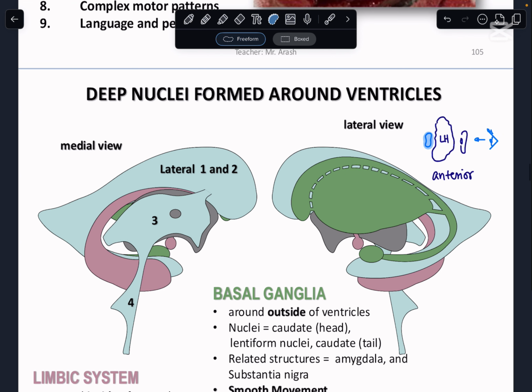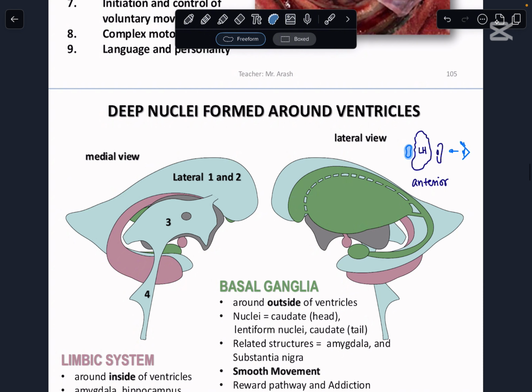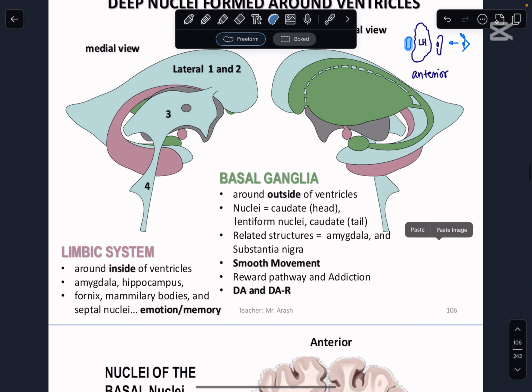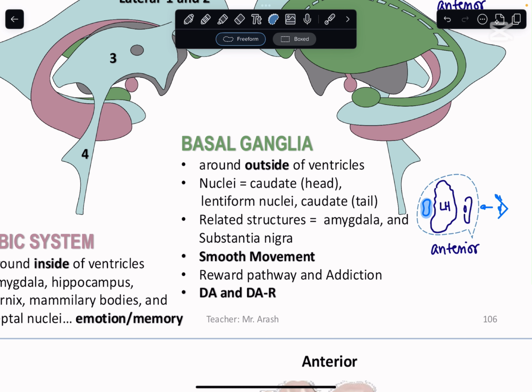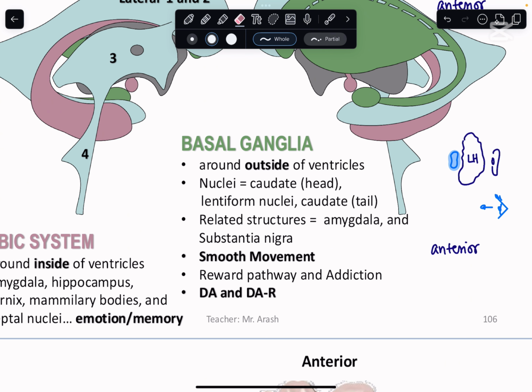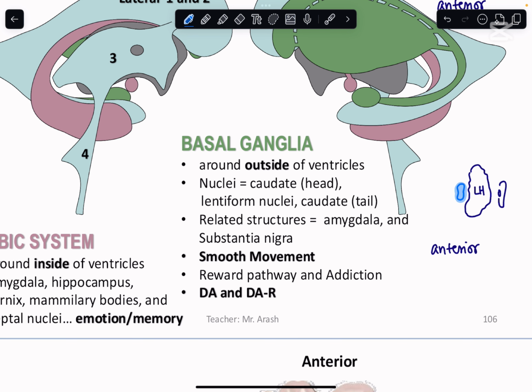But if you actually look at the brain from the inside, let's say you go inside your brain and look at it this way, again the blue is the deep nuclei.